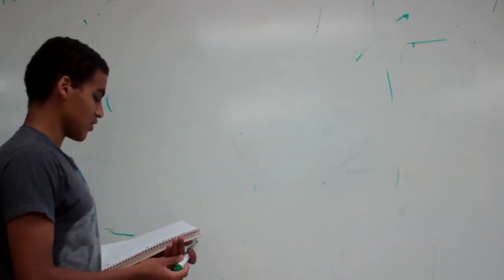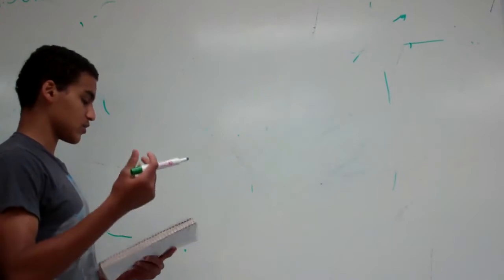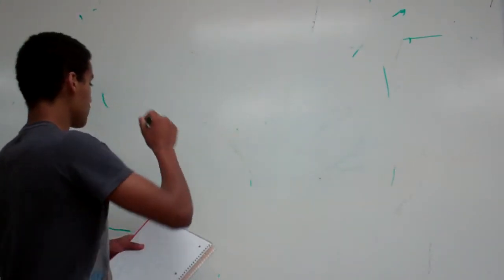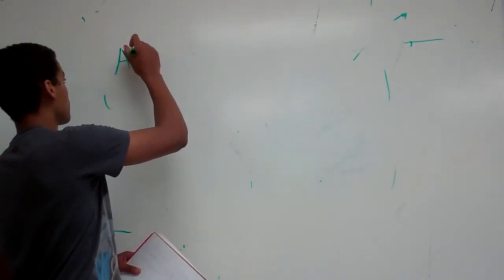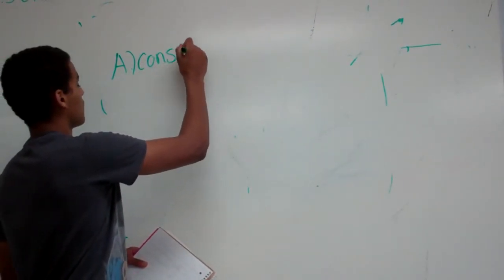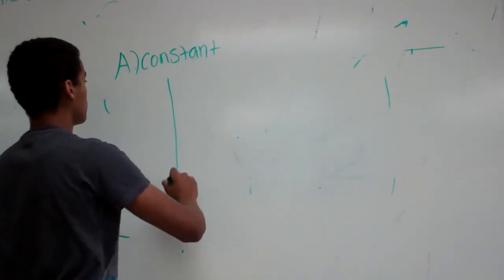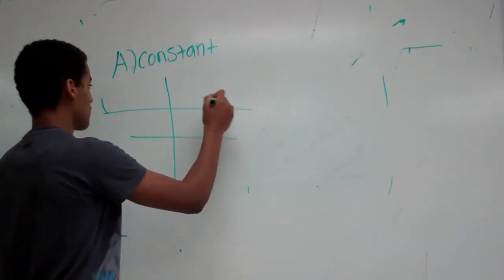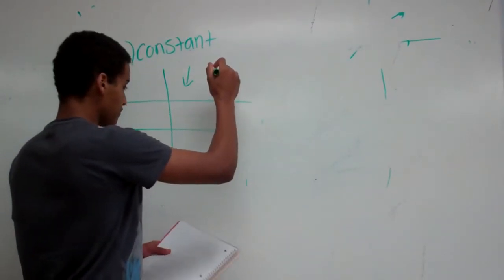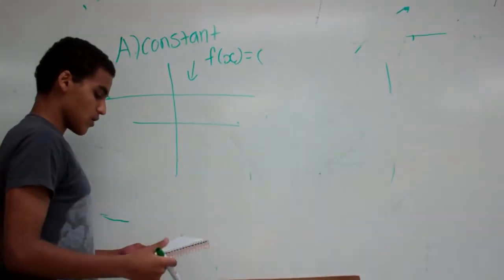1.6. It's called a library of parent functions. So I'm just going to draw all the parent functions because that's what the section is all about. So the first graph that we have is a constant function, where it's just a horizontal line represented by this, where f of x equals c, and c is a constant.